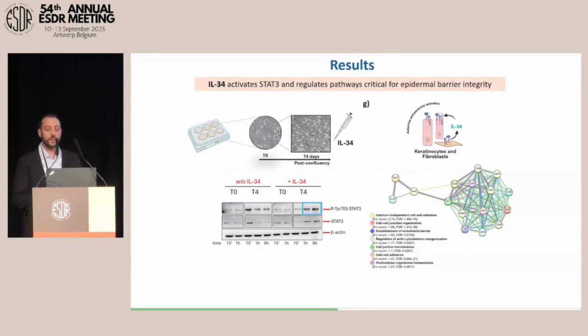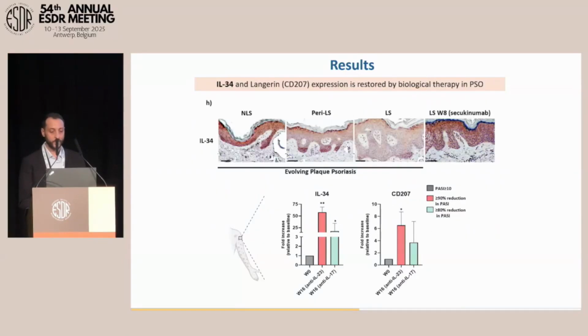In particular, we used a pathway enrichment analysis, and we noticed that downstream of this signaling, after the activation of STAT3, many tight junction proteins and other proteins that are important for skin formation can be involved. In particular, we also found a main target of IL-34 that is part of the Claudin family.